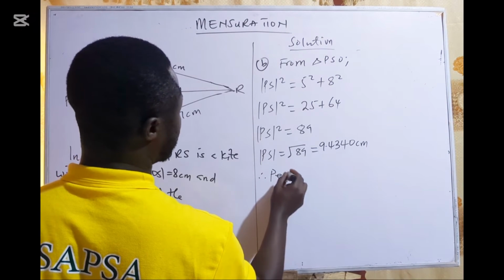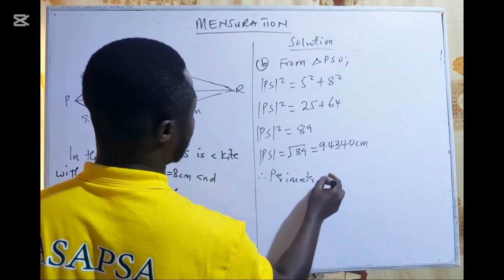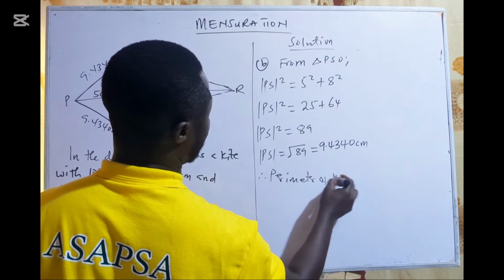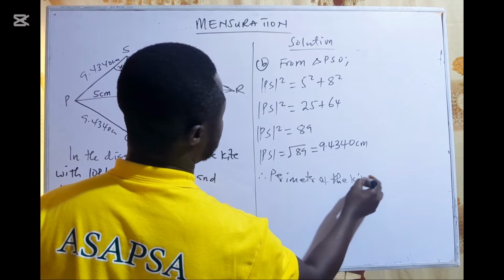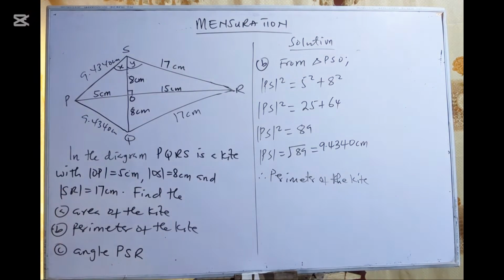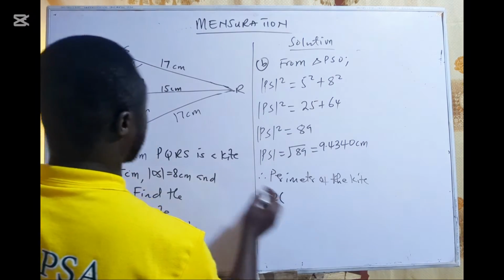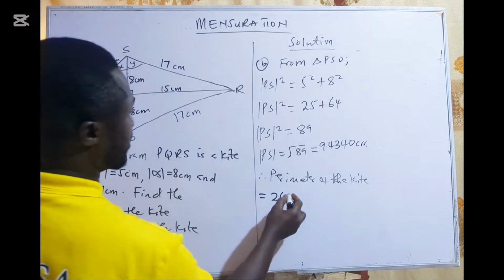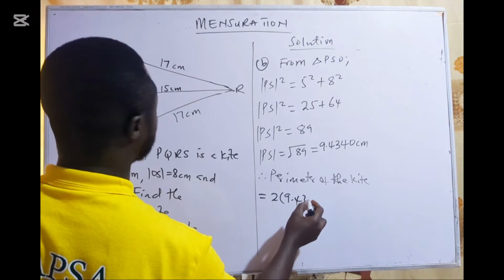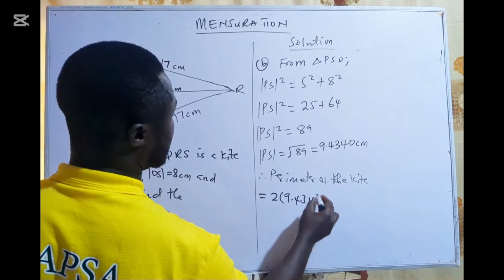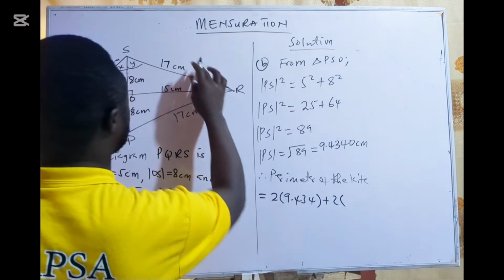Alright, so now we can find the perimeter. Therefore, the perimeter of the kite now becomes 2 times 9.434 plus 2 times 17.